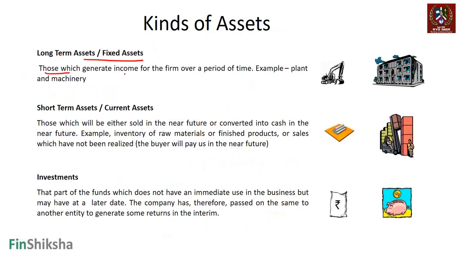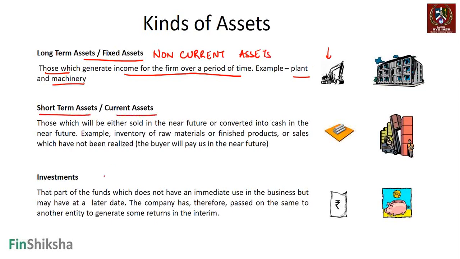Those are assets which generate income for a firm over a period of time, for example, plant and machinery. These are long-term assets, also known as non-current assets, right? If these are non-current assets, then the short-term assets must be named current assets. Correct?